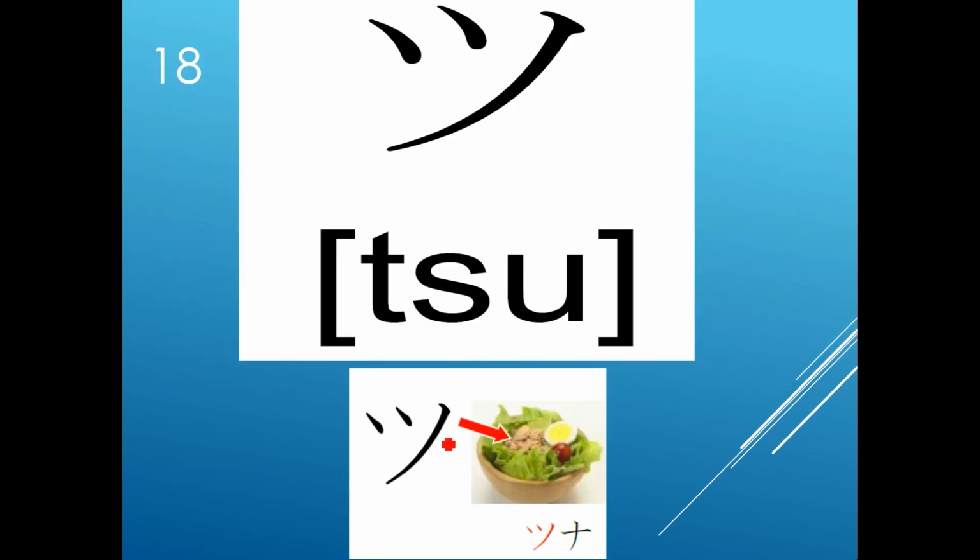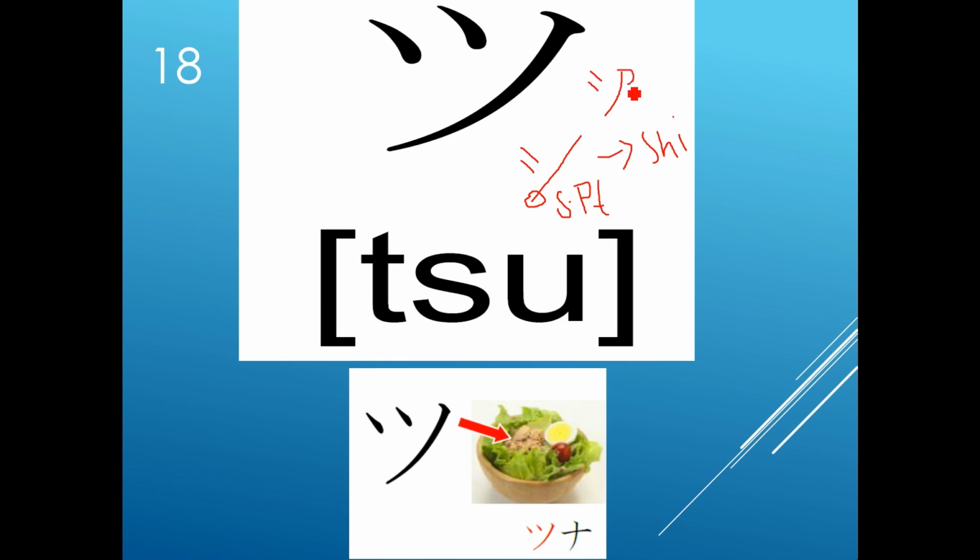Tsu. That's tsuna. Alright, don't get confused between shi and tsu, right? So shi always starts from here. This is the starting point. This is shi, S H I. But when we are talking about tsu, it looks the same, but it comes from the top, right?